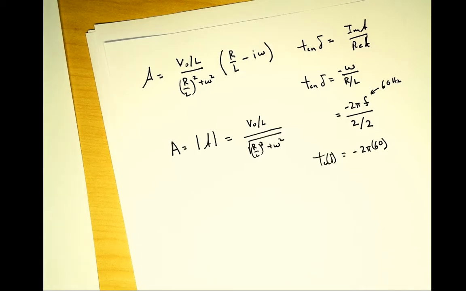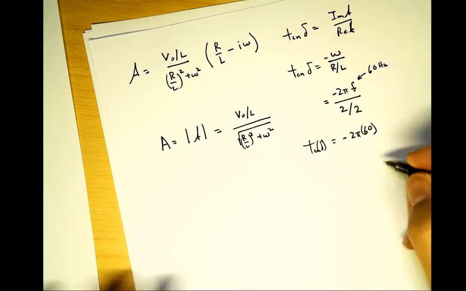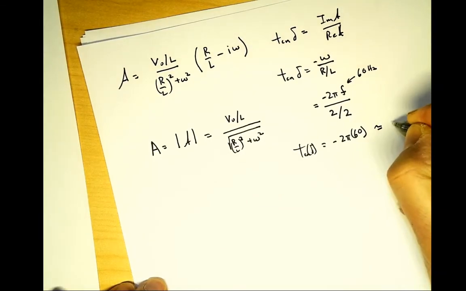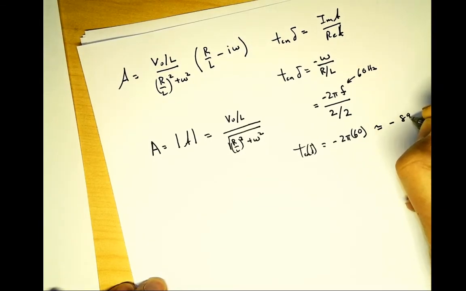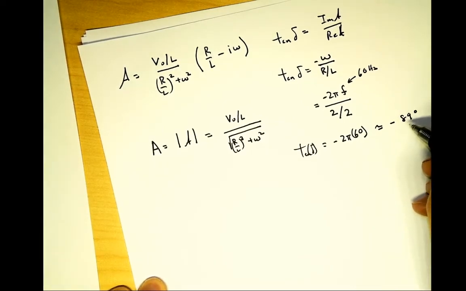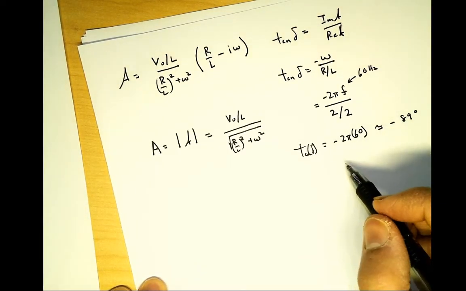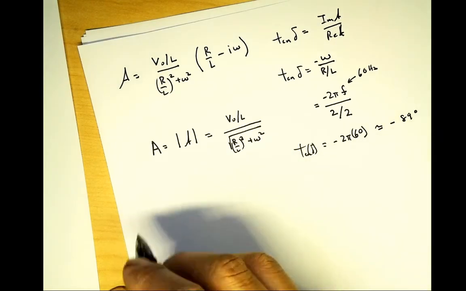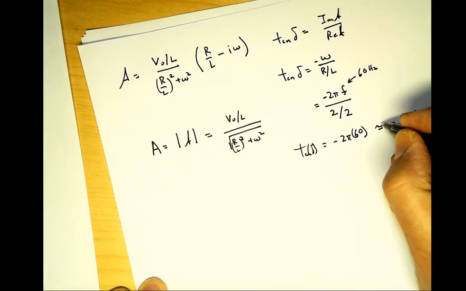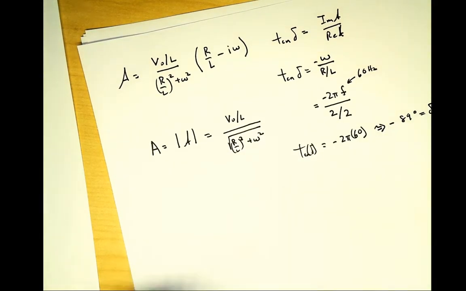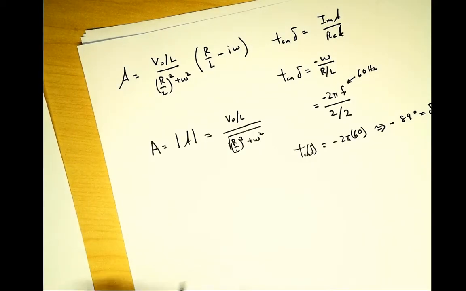So this is, roughly speaking, about minus 89 degrees, actually. Very close to 90 degrees. Which, yeah, this is a very big number. Okay, delta, right? Now the second part of it is to compute what A looks like.